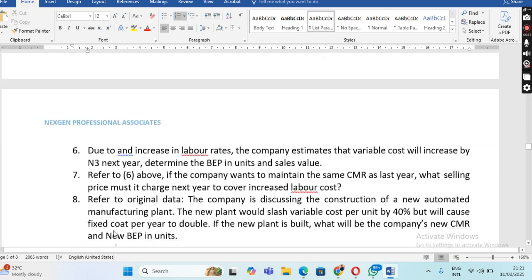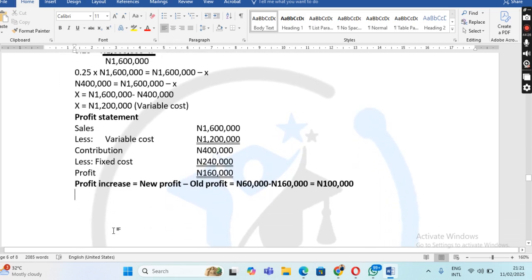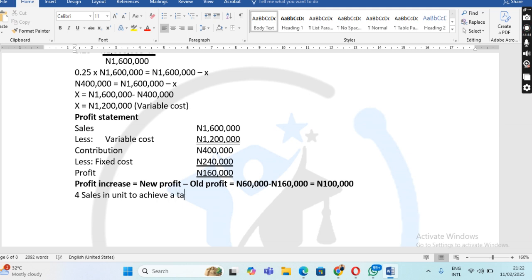Now, number four. Sales in units to achieve a target profit is equal to fixed cost plus the target profit.